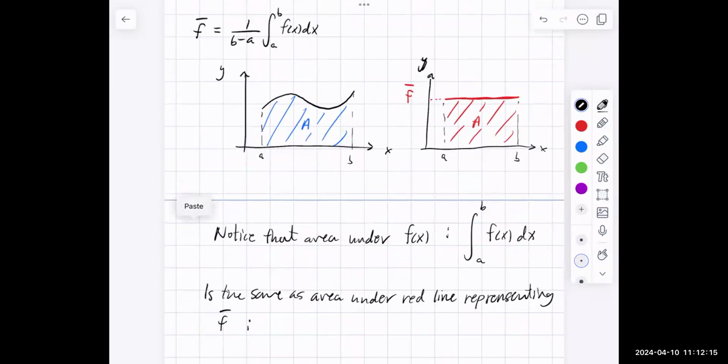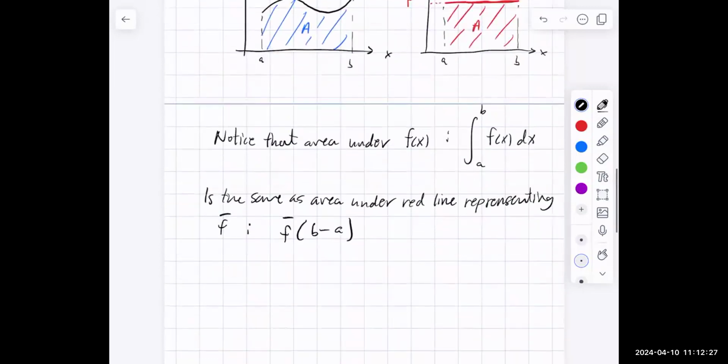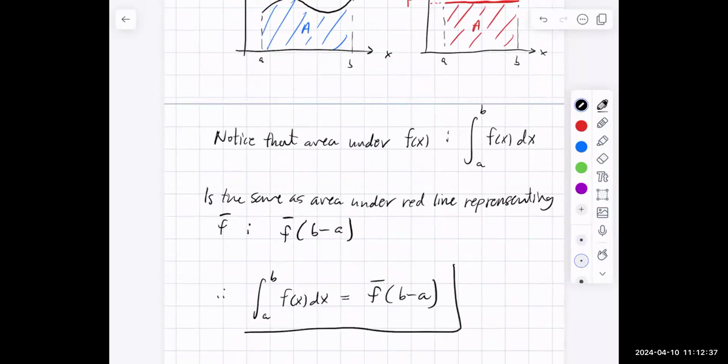And that area is given just by the height of the box, f bar, times the width of the box, which is just b minus a. And so therefore we require that these two are equal to each other.